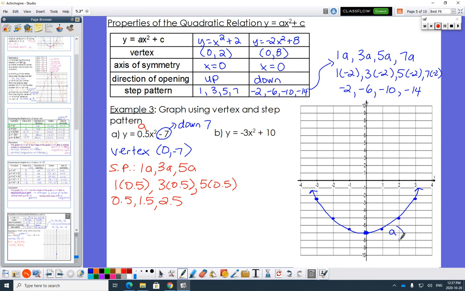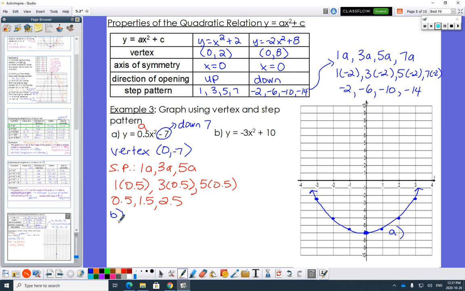you should label your parabola somehow so that you know which is which. I didn't leave room for B, so I'll write it down here.